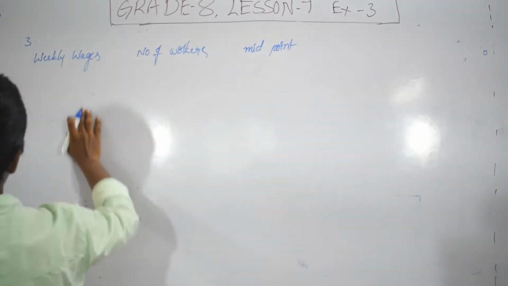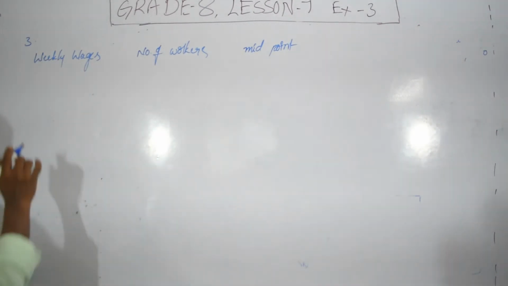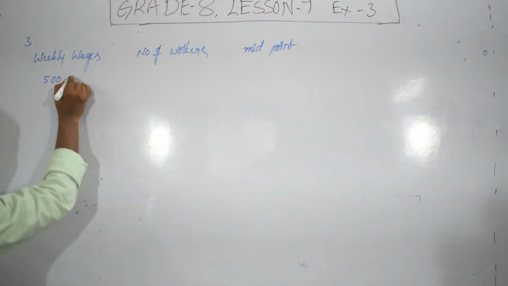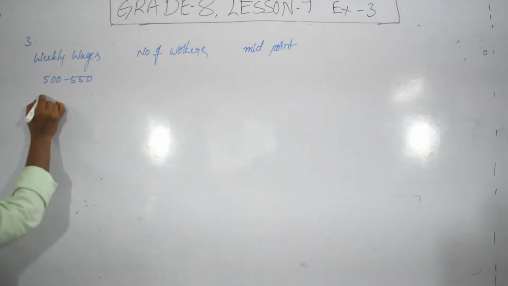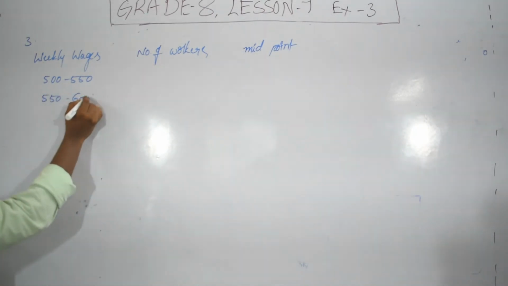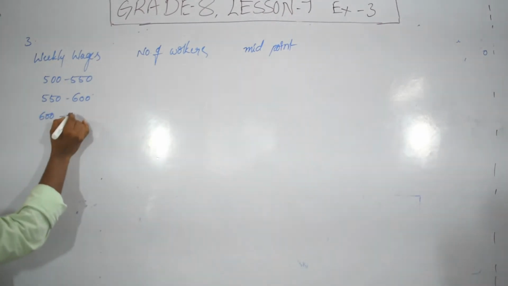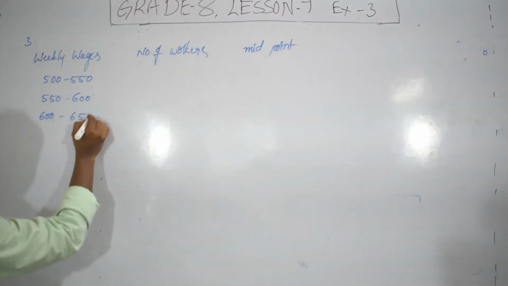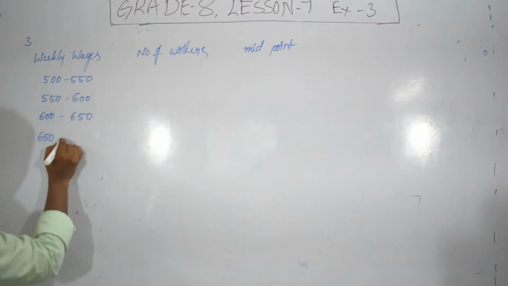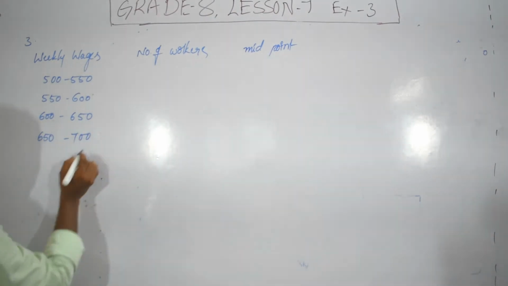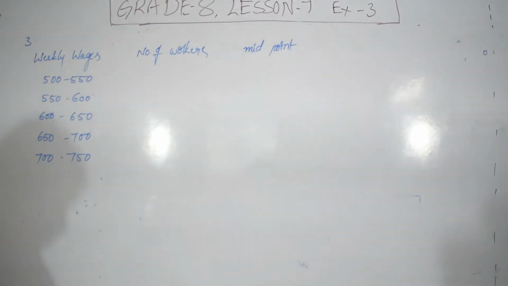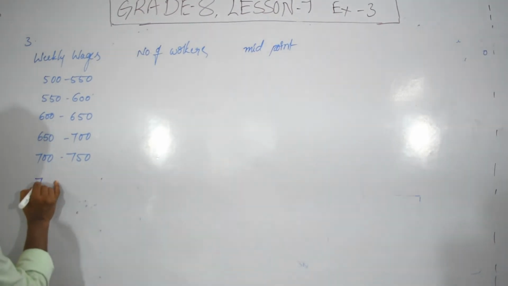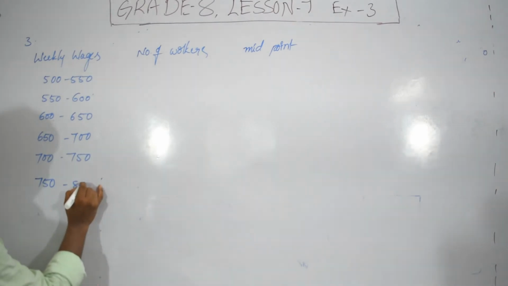Here the weekly wages: 500 to 550, 550 to 600, 600 to 650, 650 to 700, 700 to 750, 750 to 800.